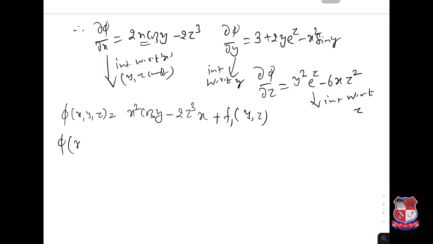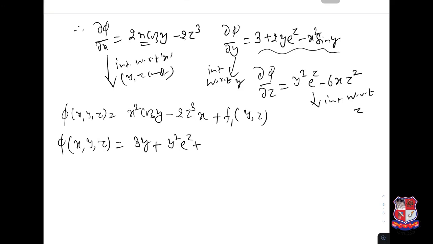Similarly here, phi of xyz equal to, now this integration with respect to y. So 3 integration is with respect to y, 3y. Then here y, so y square by 2, 2, so this is nothing but y square e power z, and this is integration with respect to y. So integration of sine y is nothing but minus cosine y.